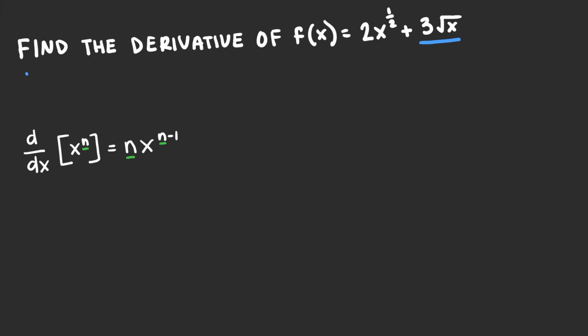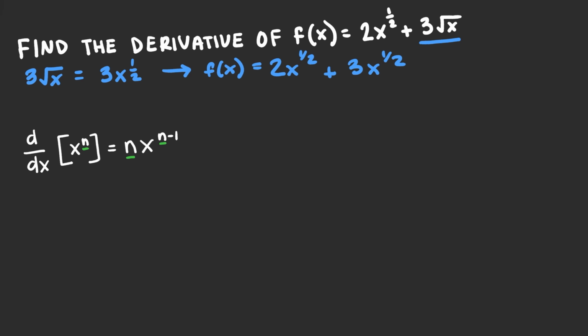We have 3 times the square root of x, which is equivalent to 3x to the power of 1/2. We just changed it to have an exponent, so that would change the original function. f of x equals 2x to the power of 1/2, that stayed the same, plus 3x to the power of 1/2. That's it. And now we can use the power rule to take the derivative.